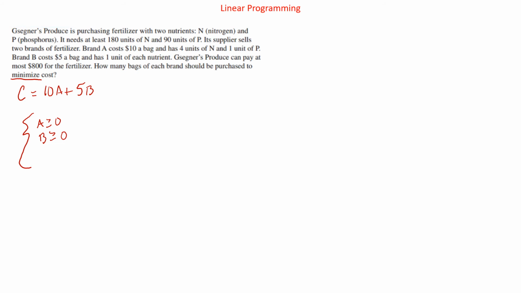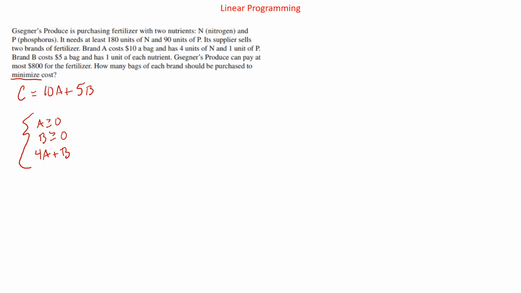If the supplier sells 2 brands, bag A has 4 units of nitrogen, so we could go 4 times the number of bag A. So this is our nitrogen. And bag B has 1 of each, so 1B.